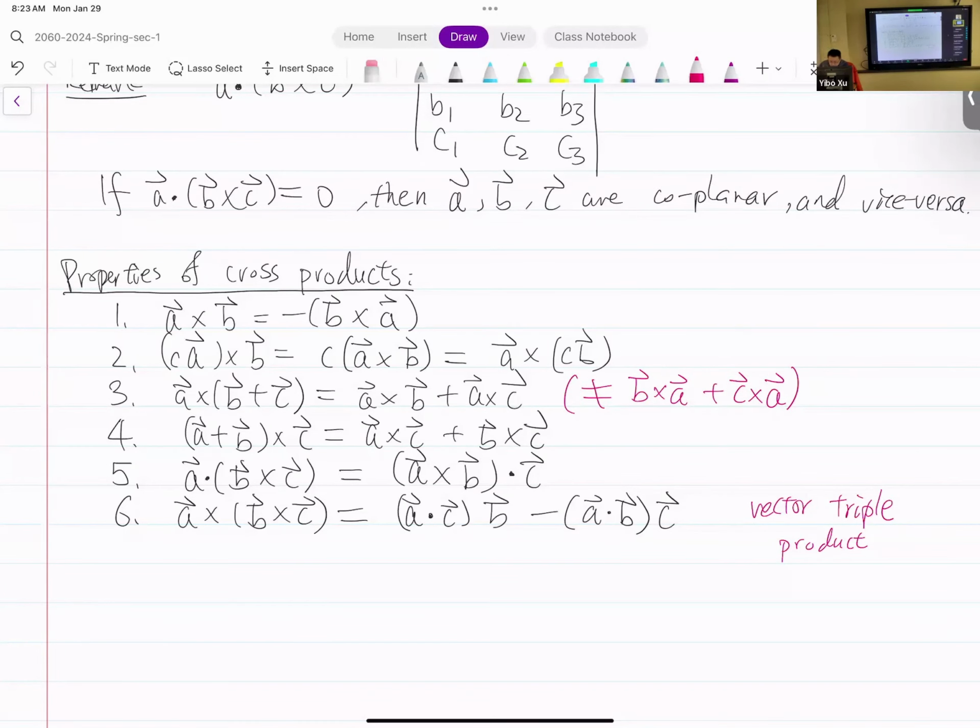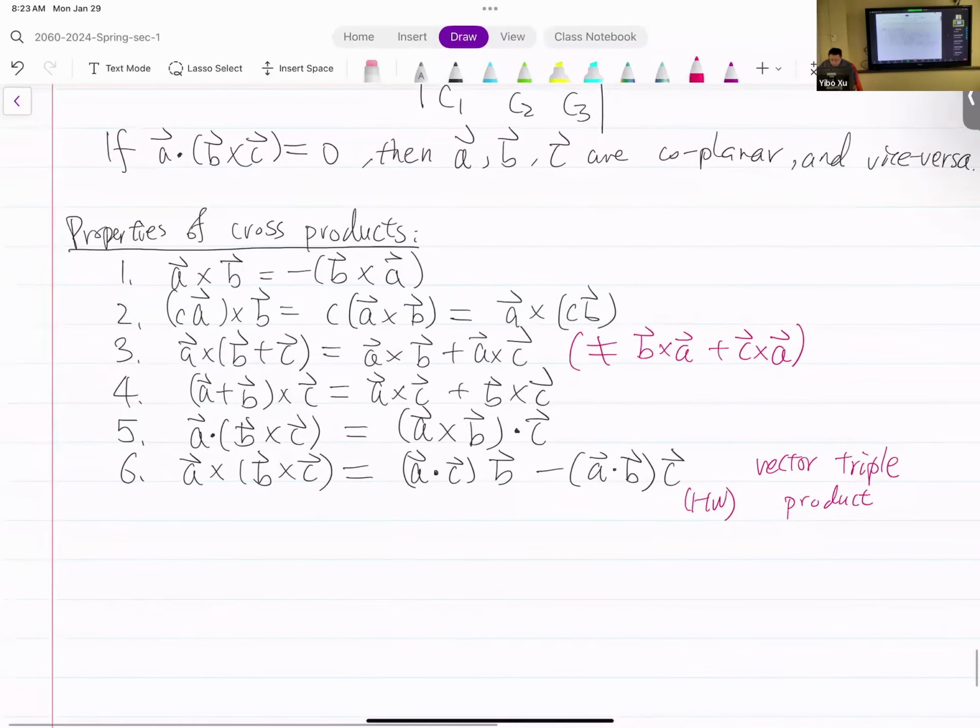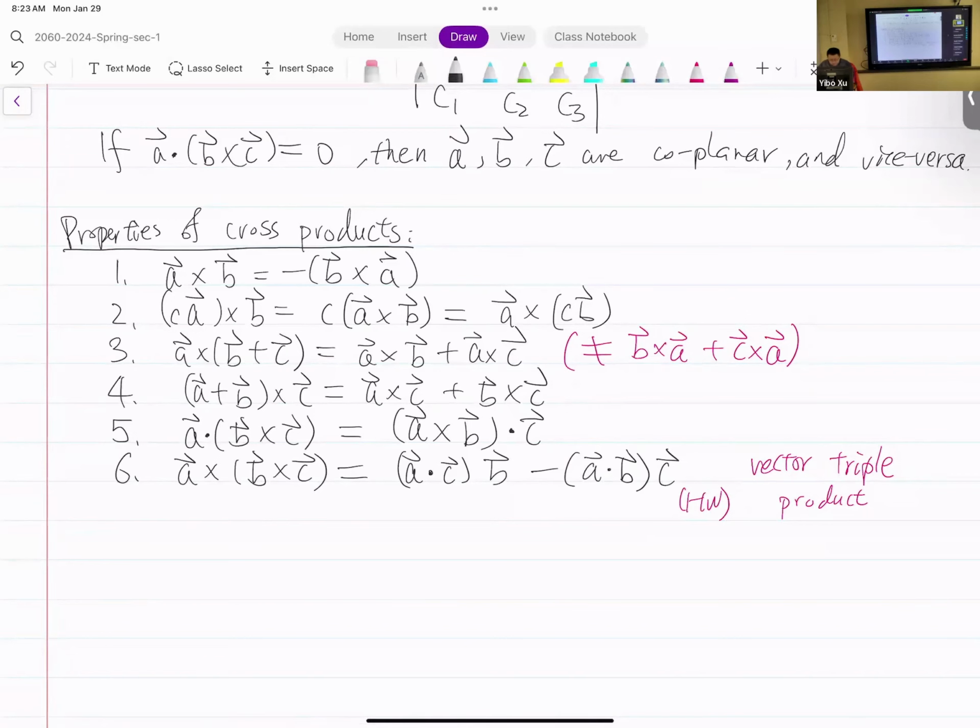From a cross, you always get a vector, right? But you notice that the vector is in terms of B and C. And this is actually one of the homework questions for you to verify that this is indeed true in our upcoming homework.